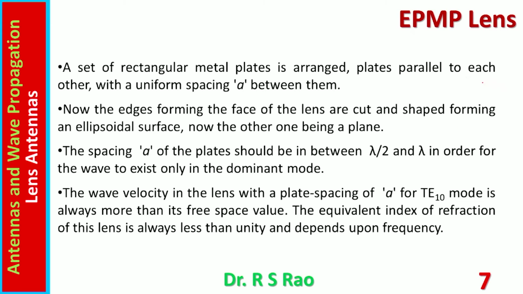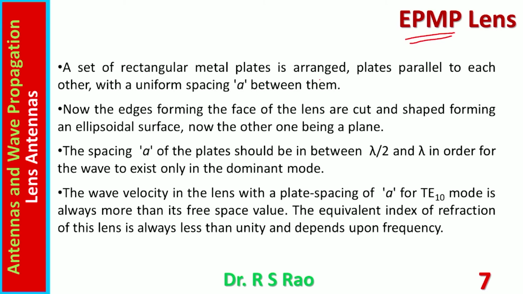Now we move to another area, metal plate lenses. Earlier it was artificial dielectric lenses, now it is metal plate lenses. Two types are there, EPMP lenses and HPMP lenses. As already mentioned, EPMP stands for E-plane metal plate lens.